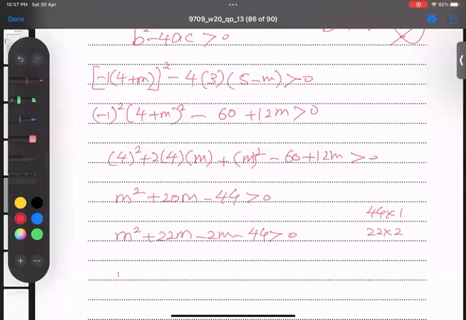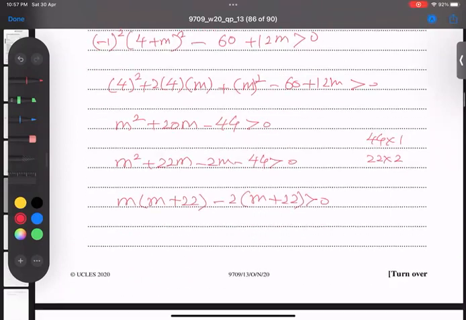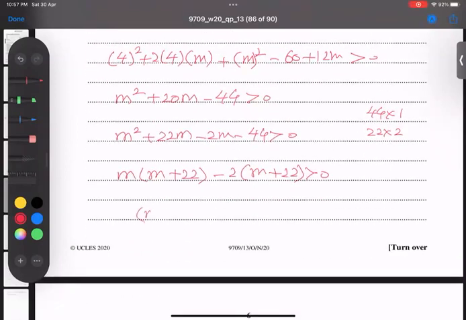From here m common, I get m plus 22; negative 2 common, I get m plus 22, bigger than 0. So ultimately I reach m minus 2 into m plus 22 bigger than 0.